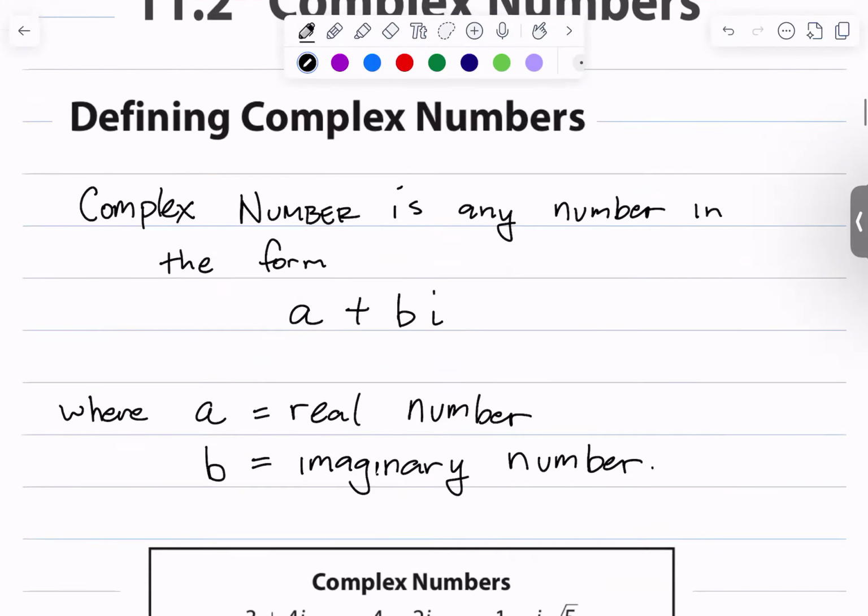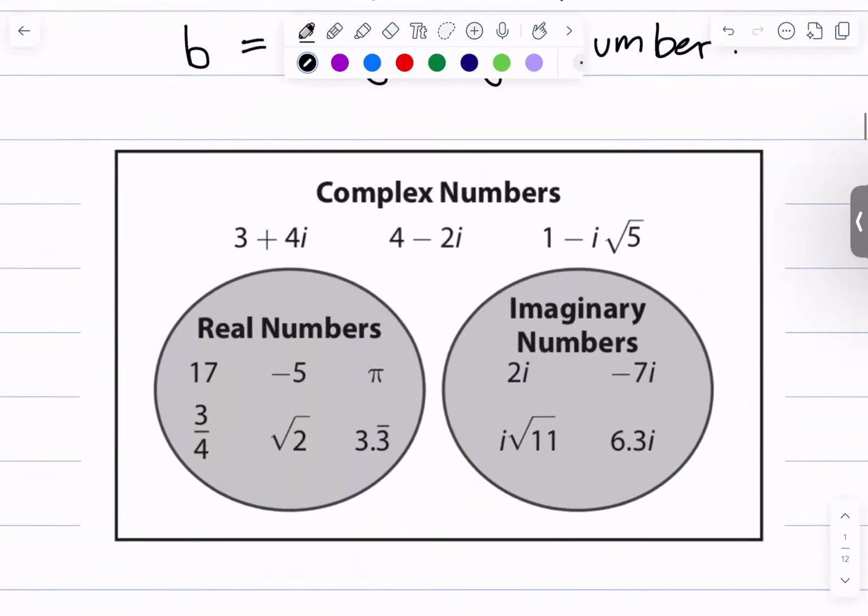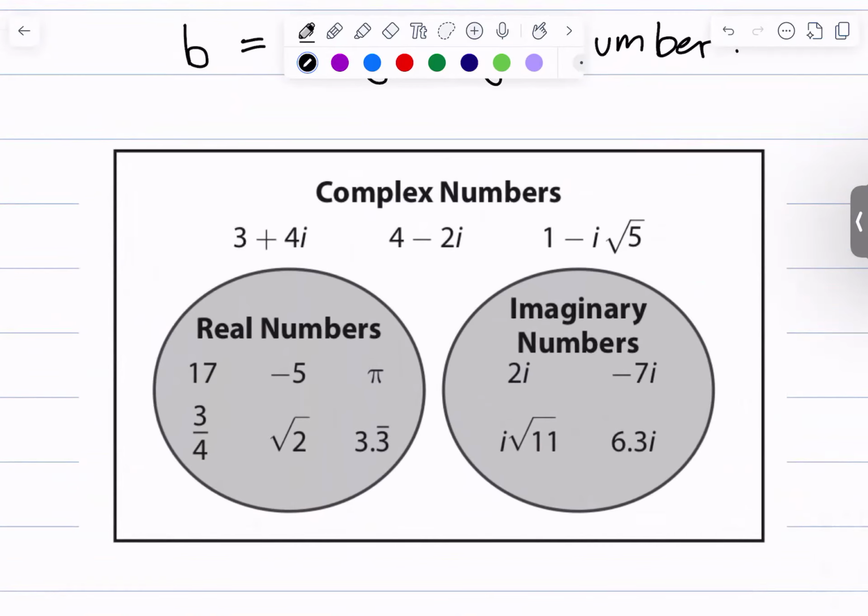And I have a cool Venn diagram on complex numbers. So in one circle here, it's examples of real numbers, right? 17 is a real number. 3/4 is a real number.